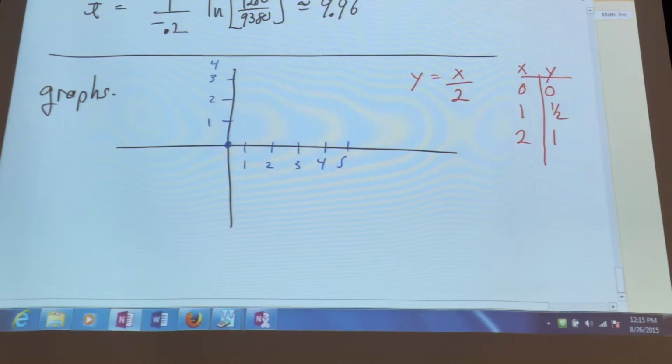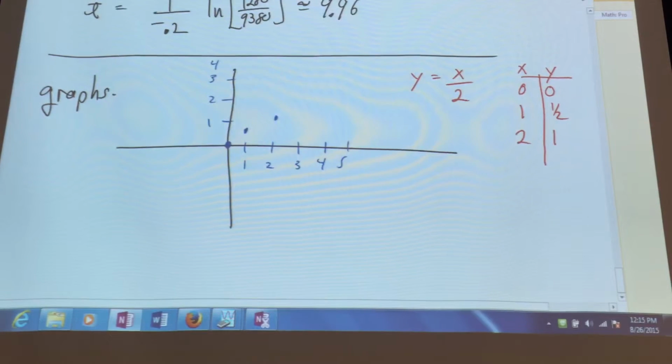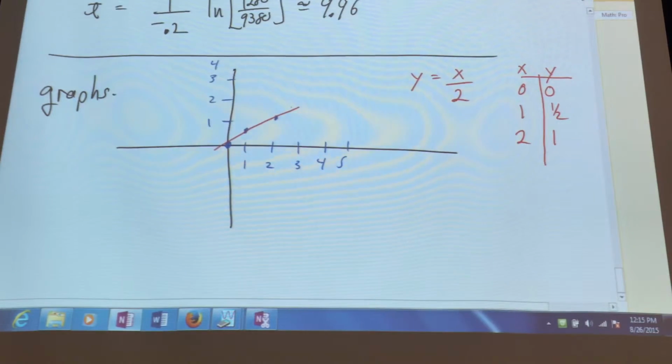And when x is 2, y is 1. And then you connect them with a straight line. That would hopefully not surprise anybody. Excellent.